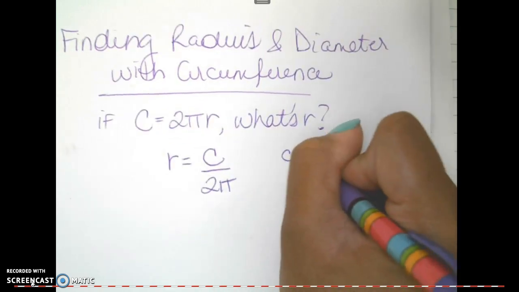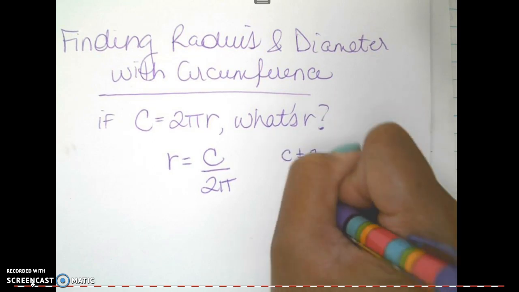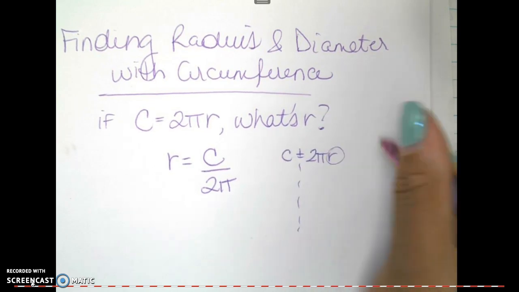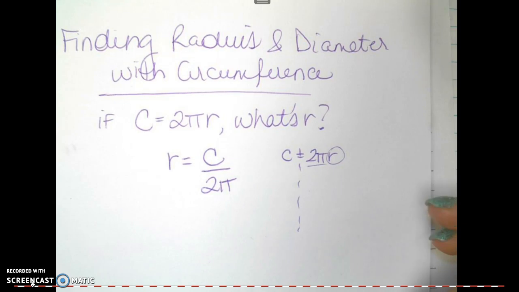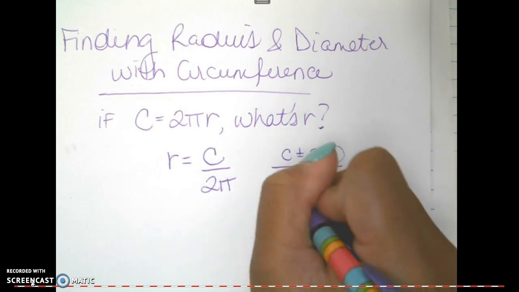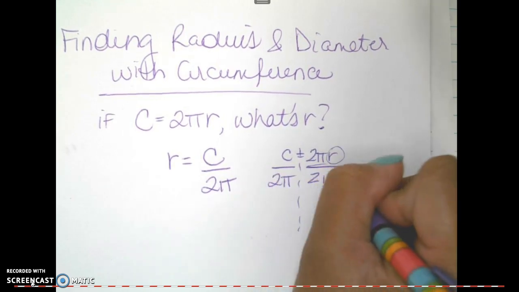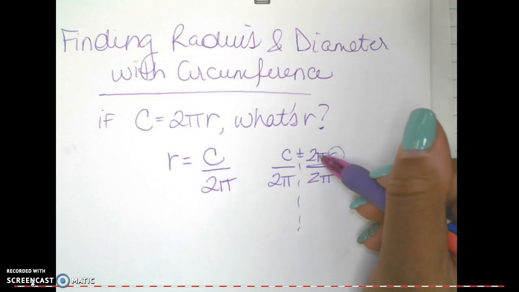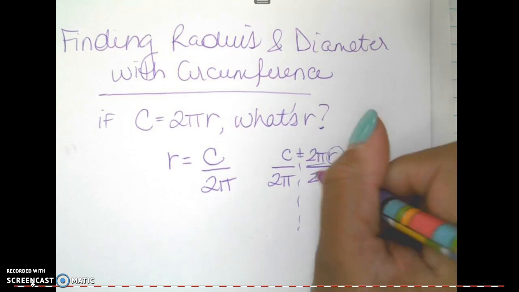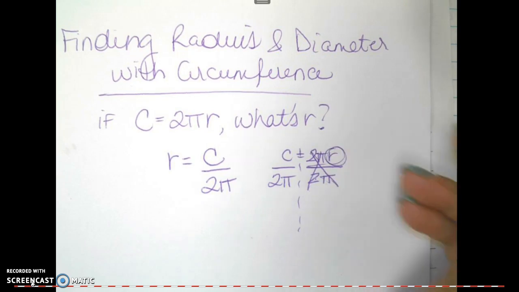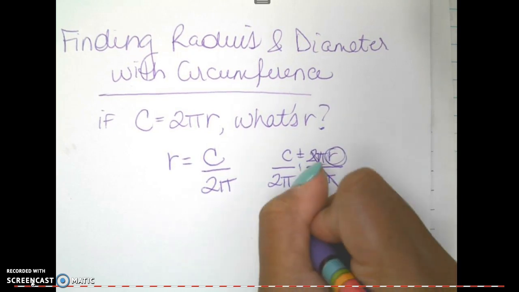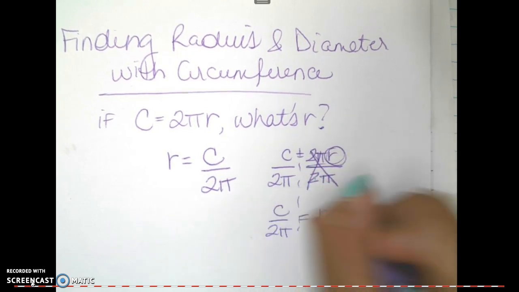We drew a river through our equal sign, basically solving for the letter R, so we have to get rid of 2 pi. On both sides, we need to divide by 2 pi and 2 pi, and over here, pi over pi cancels out and 2 over 2 cancels out, so I'm just left with R. R equals C divided by 2 pi.